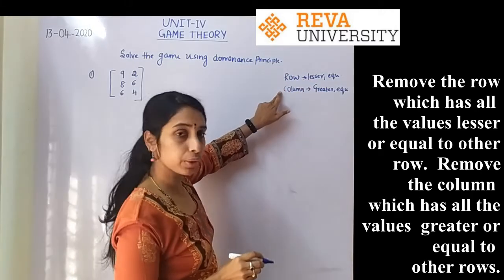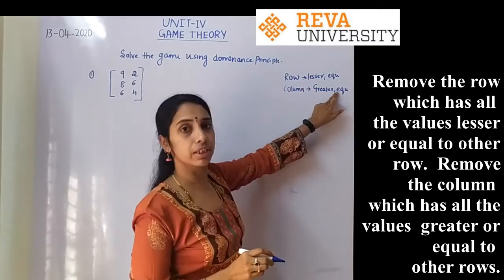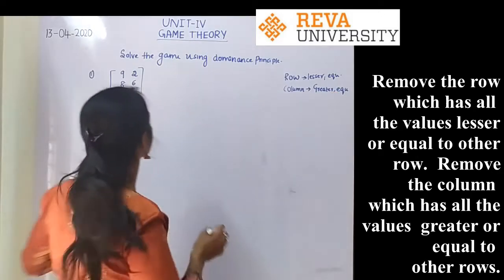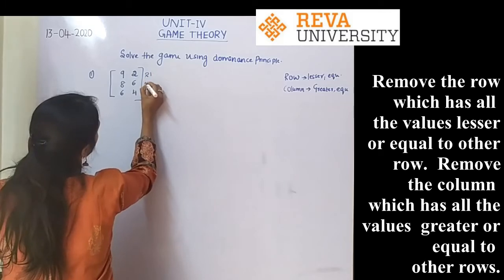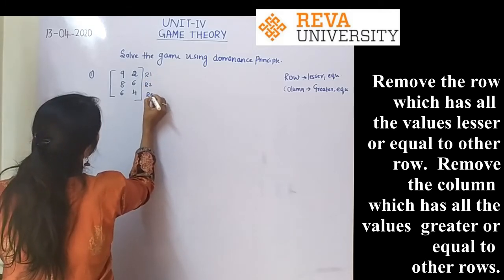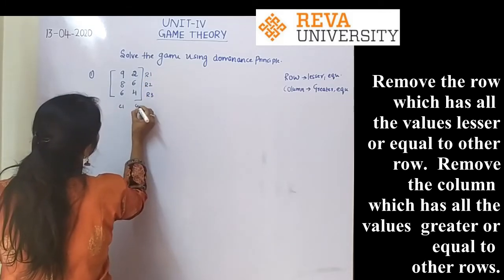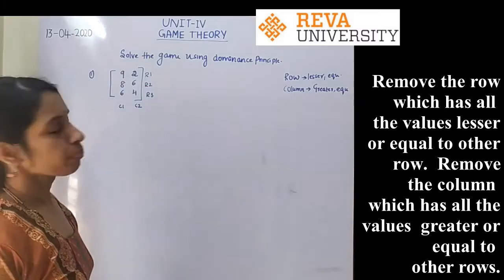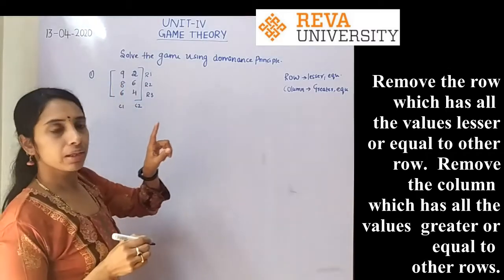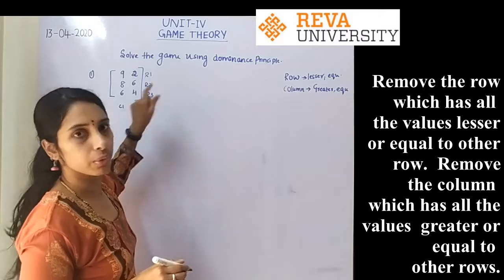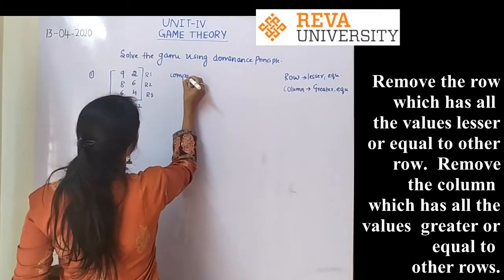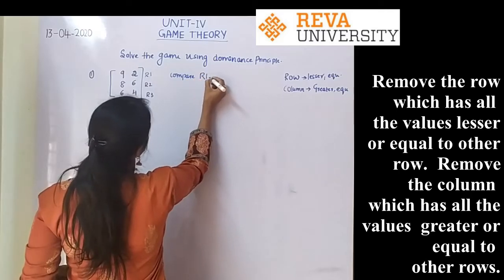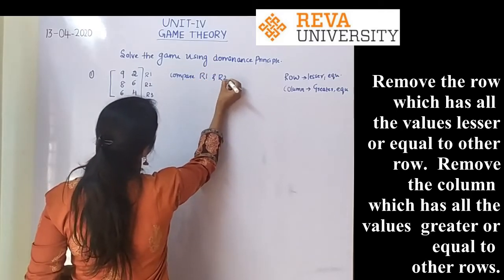If the complete column is greater than or equal, then you can eliminate those columns. So, let's consider this is your row 1, row 2, row 3, column 1, column 2. Now, compare row 1 with row 2.